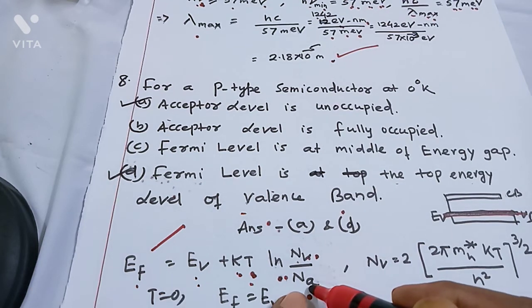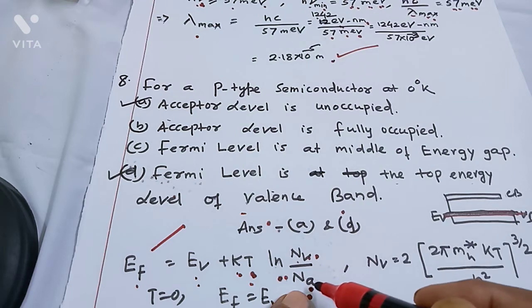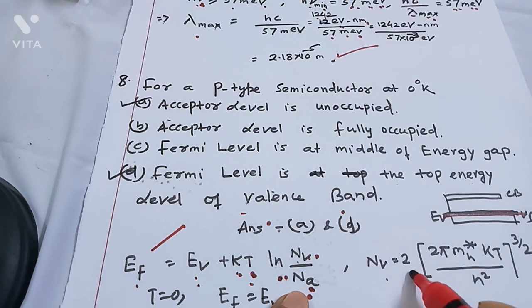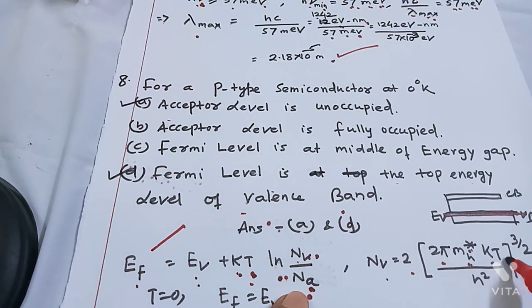NA is related to the concentration of doping, that is trivalent impurities concentration, and NV equals 2 times (2 pi mh star kT by h square) to the power 3 by 2. mh star is the effective mass of the hole.